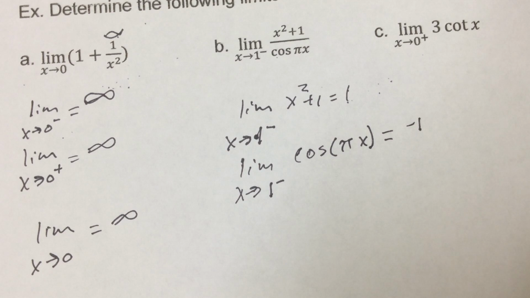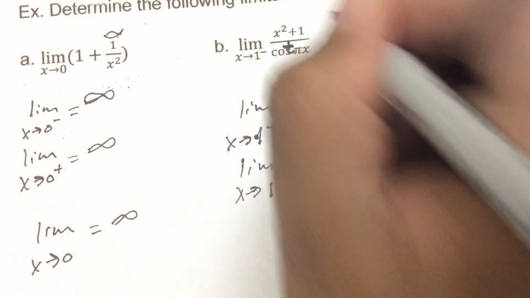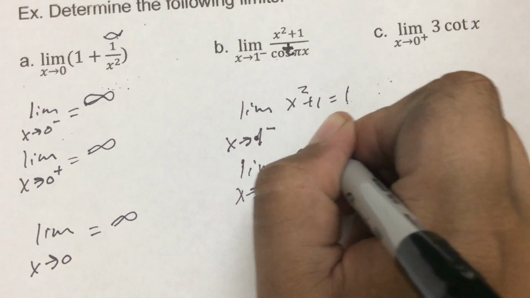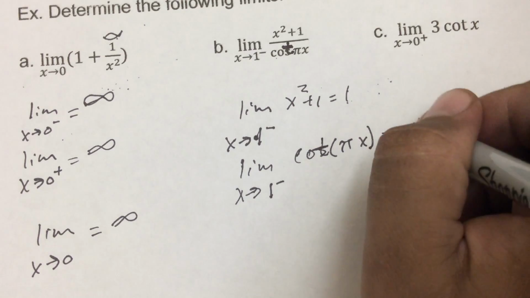Wait, I'm doing cosine. This is a typo. This is supposed to be cotangent. That's why it's throwing me off. I'm looking at my notes like, hey, this should go to negative infinity. Why is it going to negative 1?